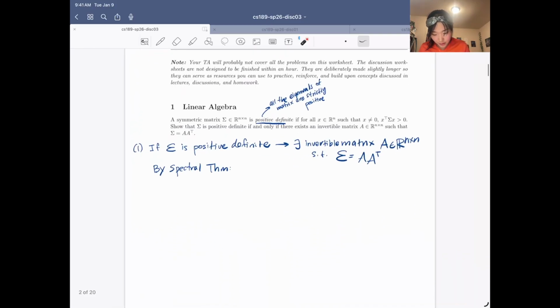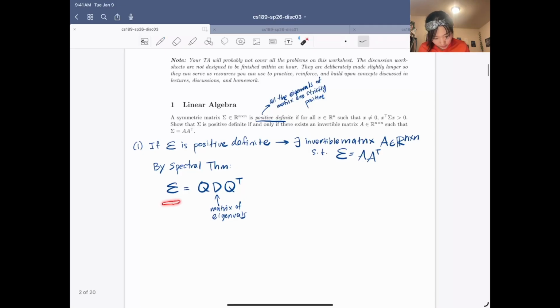So I'm going to break this matrix down into exactly that, Q D Q transpose, where D, right over here, is the matrix of eigenvalues. Because this matrix is positive definite, all these eigenvalues are greater than 0. And Q is an orthogonal matrix that consists of an orthonormal basis of eigenvectors.